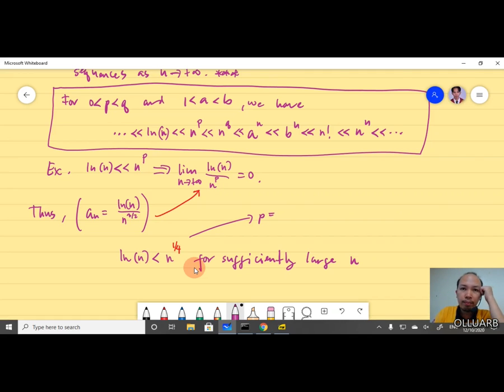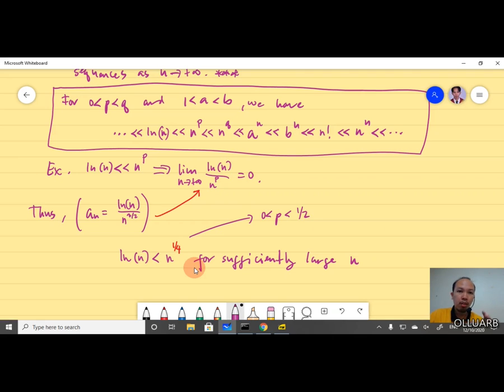When I studied this one, your p must be between these values. You can choose any value p here, but if it is greater than 1/2, then there's a problem.